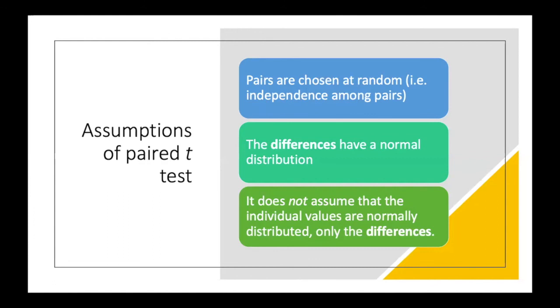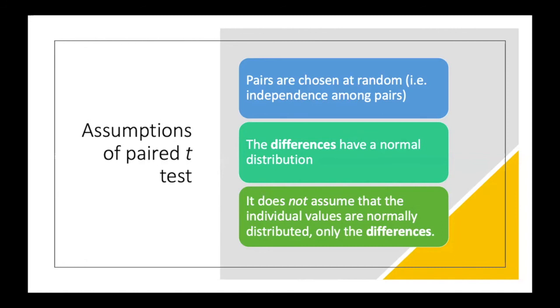As with our other statistical tests, we need to consider the assumptions of a paired t-test. In a paired t-test, we assume that the pairs are chosen at random. The individual observations within a pair are not independent of one another. They're logically paired or tied together, but we assume that pairs themselves are independent of one another.